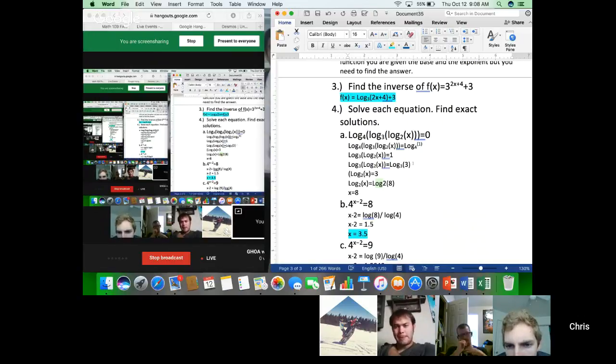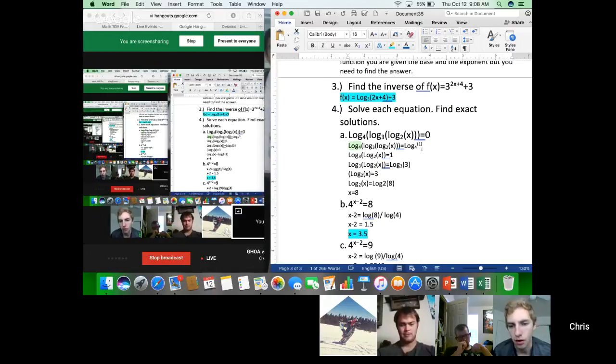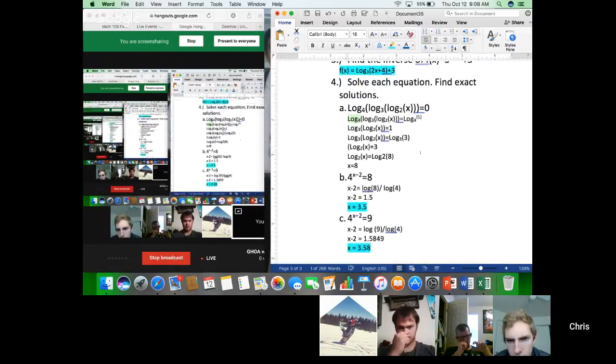So it was log base 4, parentheses 4 to the power of 0, which equals 1. Then it was log base 4 and then parentheses 1, where 4 to the power of 0 equals 1 inside the parentheses.